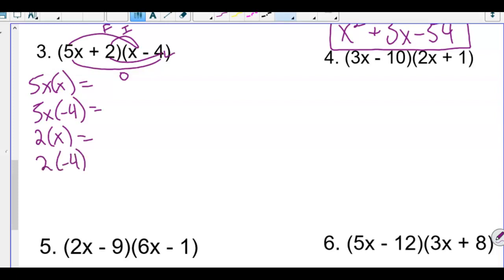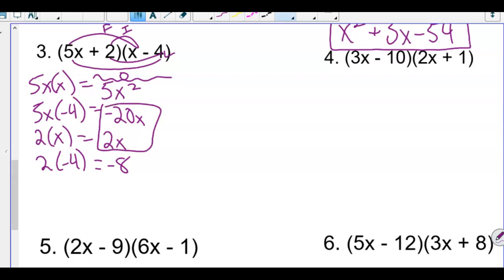So 5x times x would be 5x squared. 5x times negative 4 would be negative 20x. 2 times x is 2x, and 2 times negative 4 is negative 8. Putting that all together, after I've combined my like terms, that would be 5x squared minus 18x minus 8.